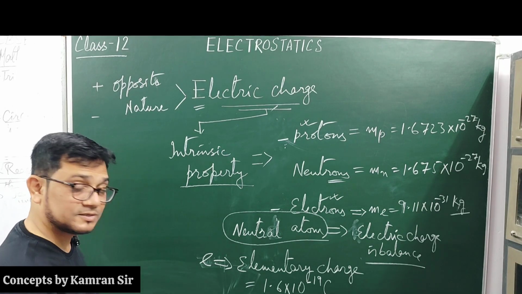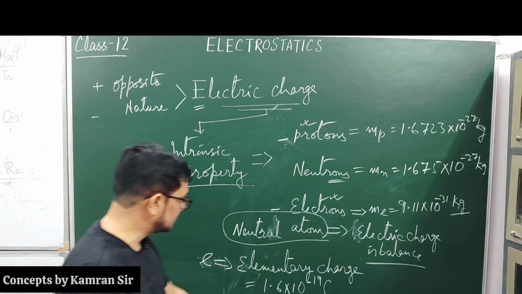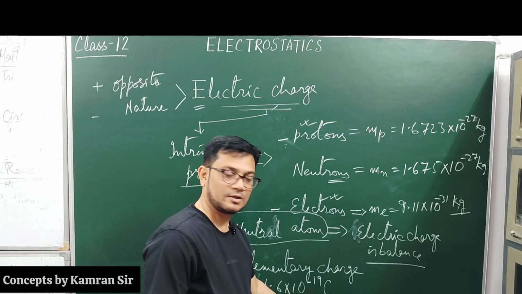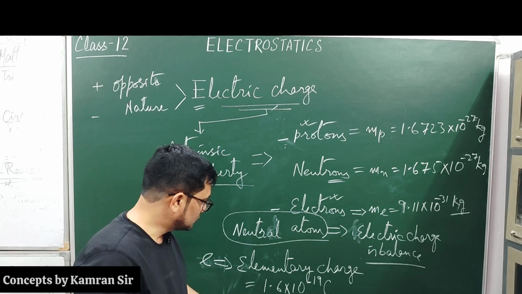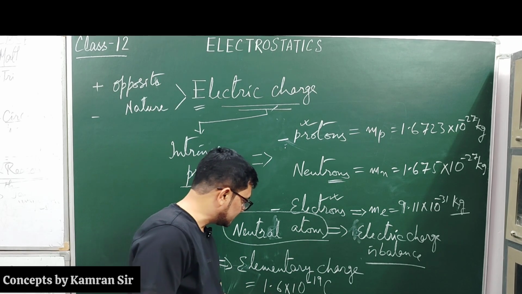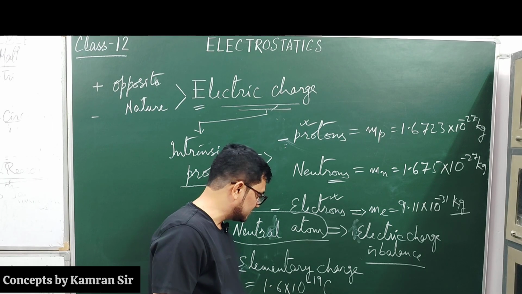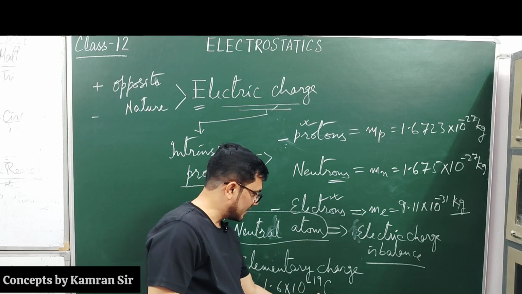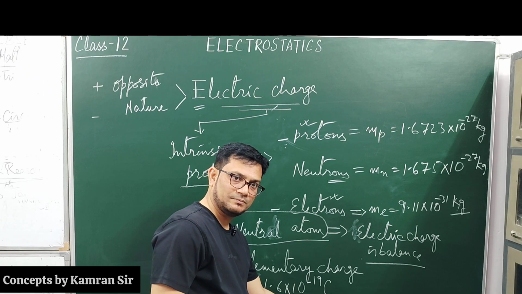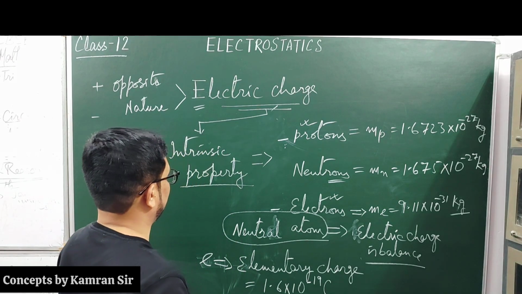So let's understand this. What is this coulomb we are talking about? And what is this value? This quantitative value gives an idea that it has a magnitude and it has a unit, coulomb. So how is this 1 coulomb defined?